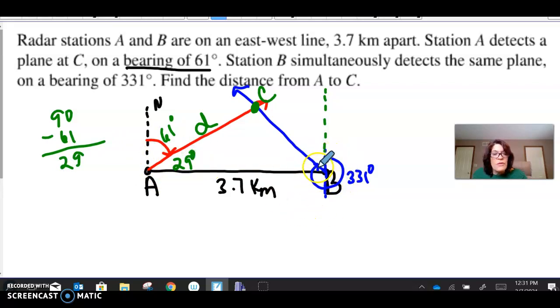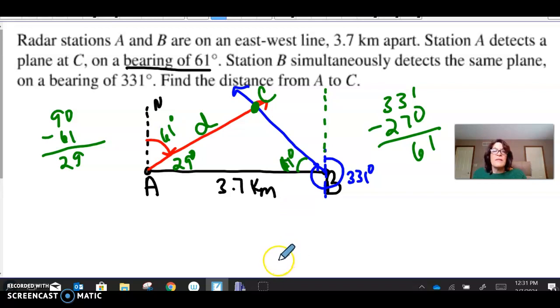If this was 331 degrees, then I can figure out what this is, can't I? 331 minus 270. That's 61 degrees. I guess there was another way I could have told that, huh?